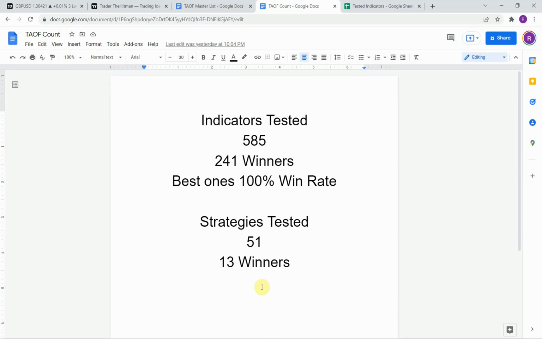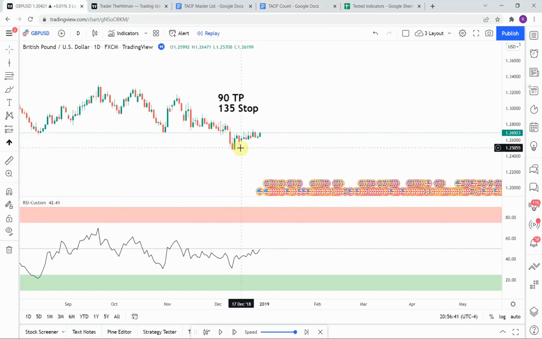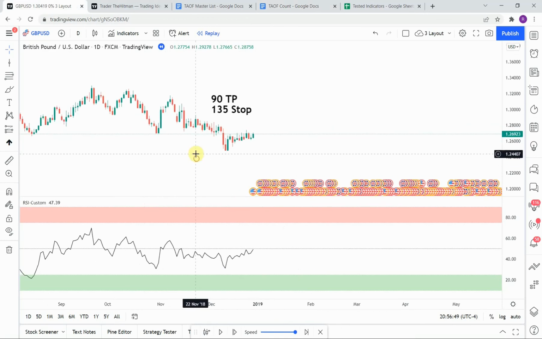And keep in mind that we test all these strategies and indicators on the Forex market, but they can be applied to just about any market universally. Alright, so today's indicator is the RSI custom bands, and you can see it here on the bottom of the screen. The setup on this is relatively simple.